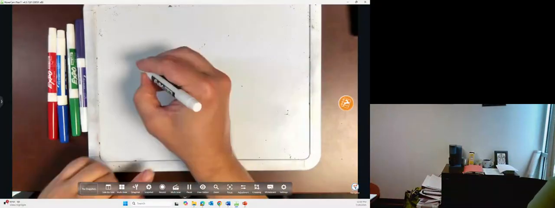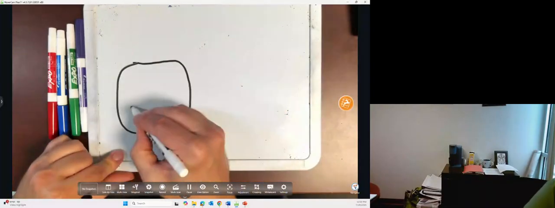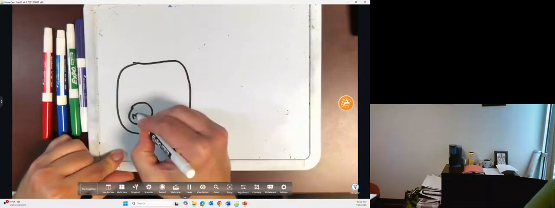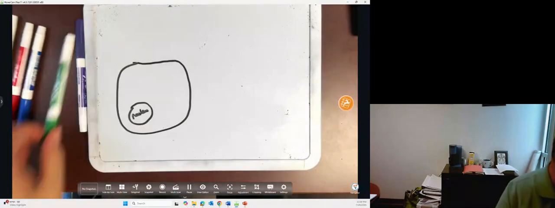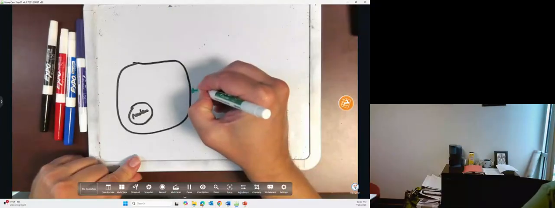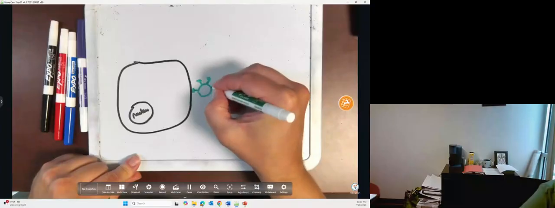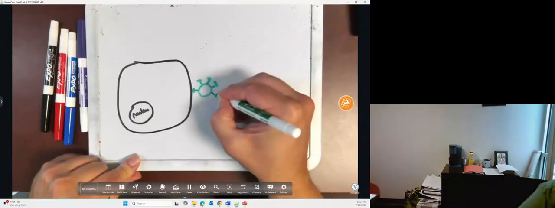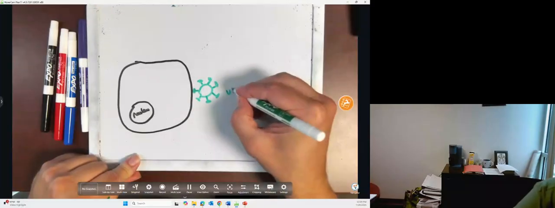So let's say I have a beautiful little cell here. Okay, like a kidney cell. All right. Here's the nucleus. Okay. Now we're going to do this like it's a virus. Okay, we're going to get a virus here. So we have a virus.